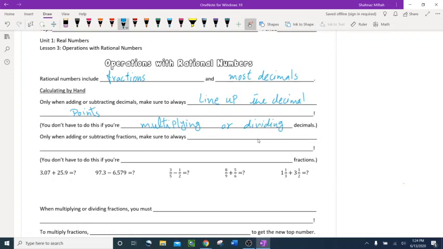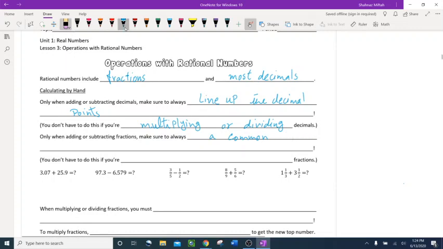Decimals. Only when adding or subtracting fractions, make sure to always find a common denominator. Remember, in the previous video for the fractions we were making equivalent fractions.